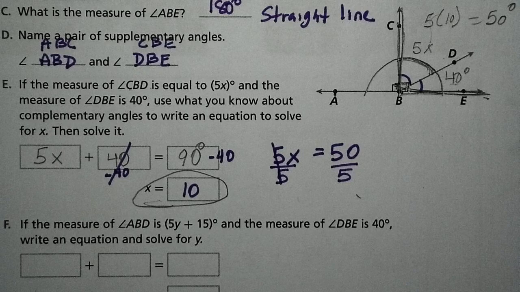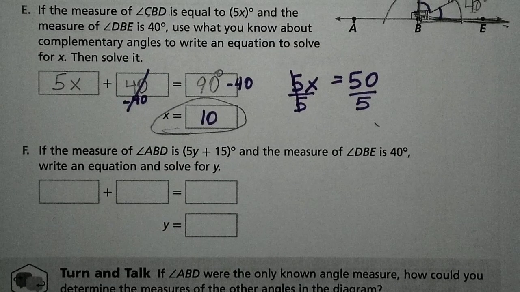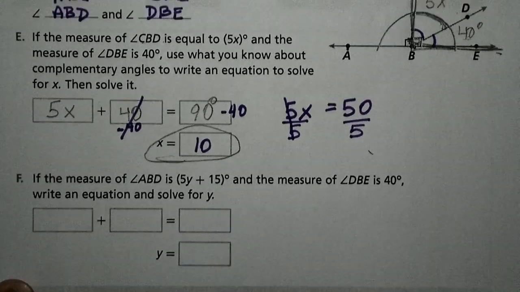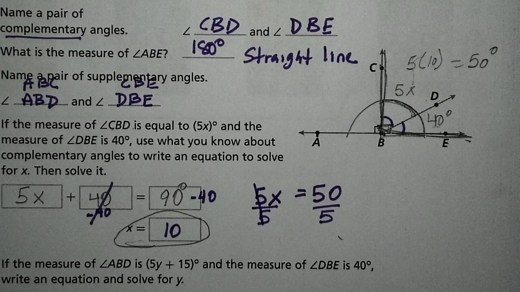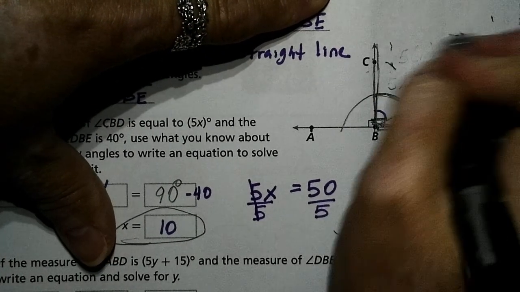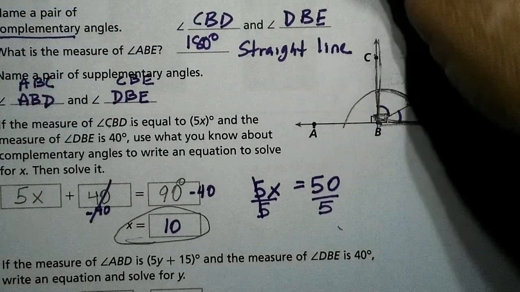Okay? Alright, so let's look at F. F says that ABD is 5y plus 15. So I'm going to erase this up here. That's why I wrote it in pencil, so I can re-add my stuff. Okay?